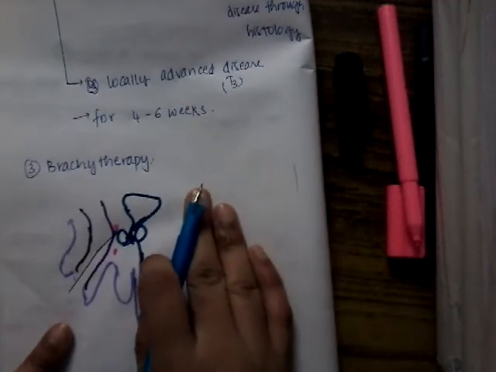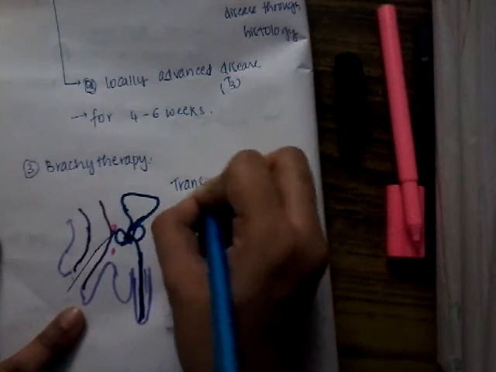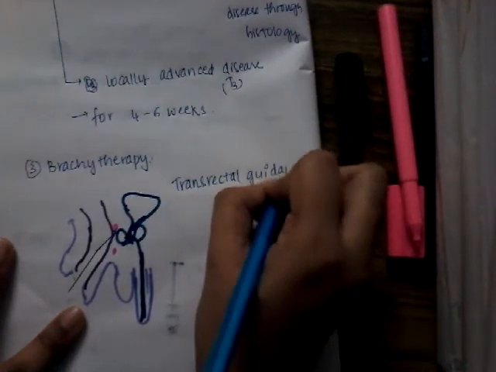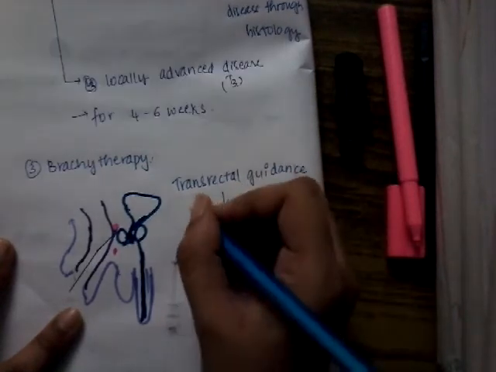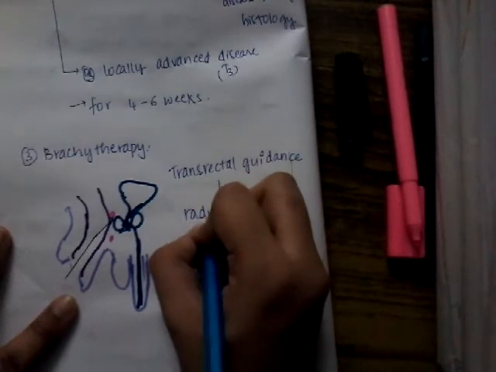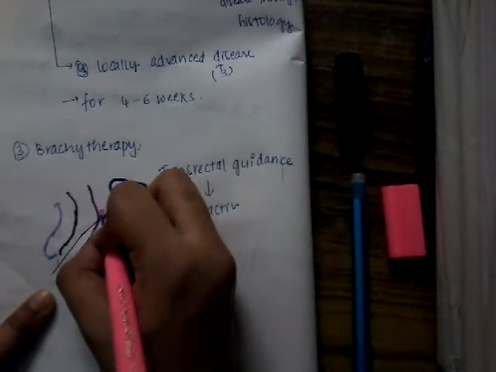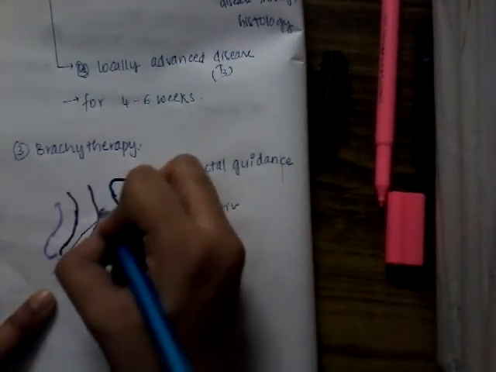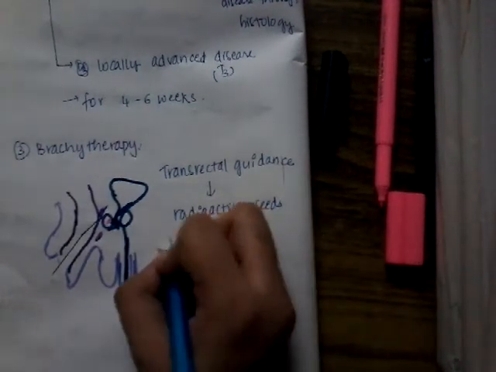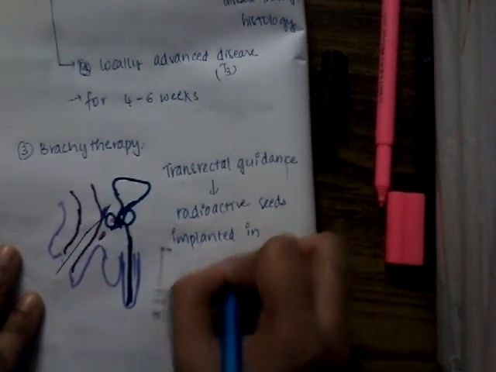So here, under transrectal guidance, not transurethral, we implant radioactive, not here, it's in the scrotum, I'm sorry, it's in the prostate, radioactive seeds implanted in prostate.